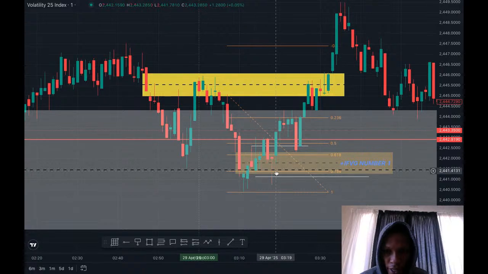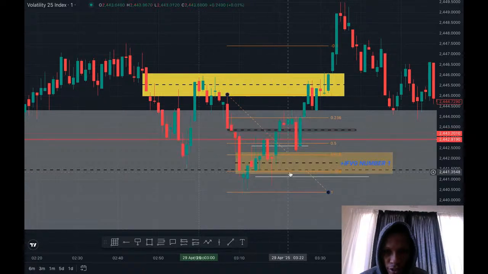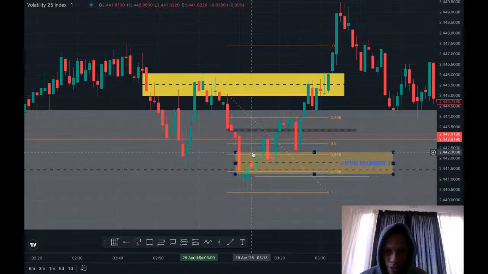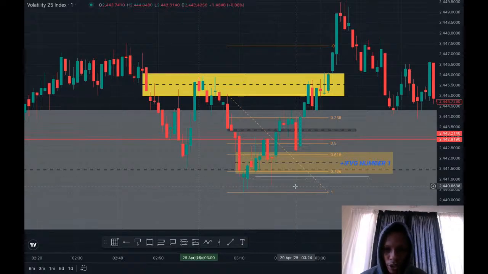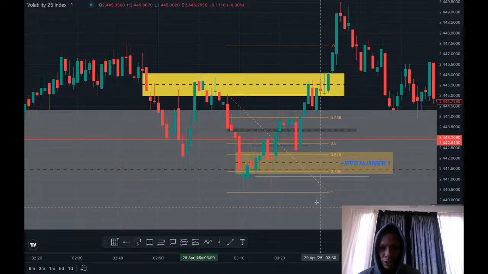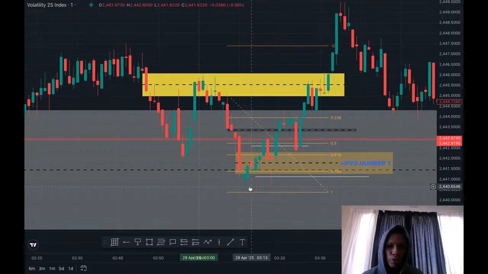From this low to that high, it's meant to be this high. This is your 78.6 level. If you're anchoring the Fibonacci from this point, the rule can be that the stop loss cannot be within this dealing range. So what protects a low?